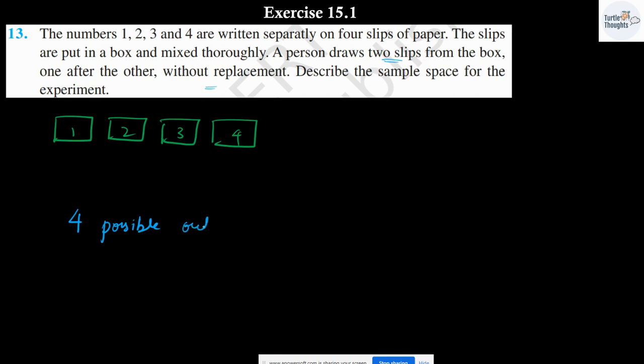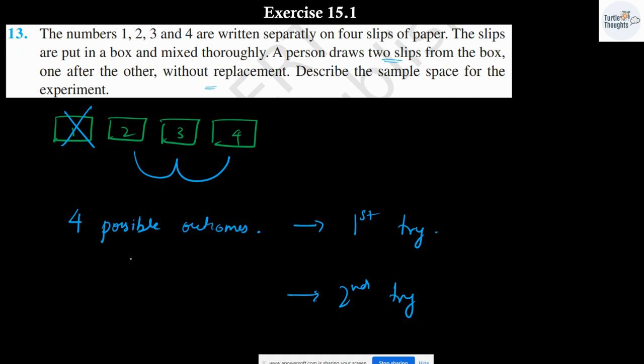Whenever you pick the first slip from the box, you have four options to pick from. Any one you can pick. So this is the first try. In your second try, how many can you pick? One of them is already picked on the first try. So how many options are left? Now you have only three possible outcomes that you can get.